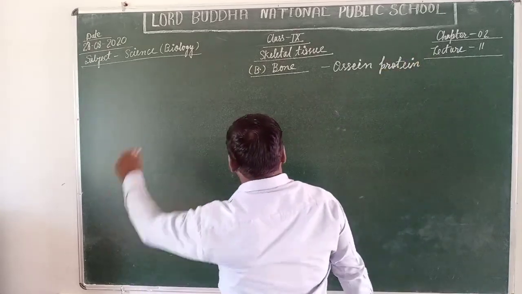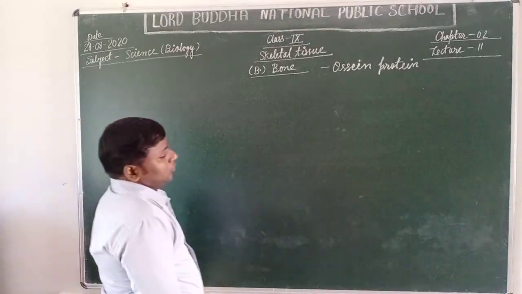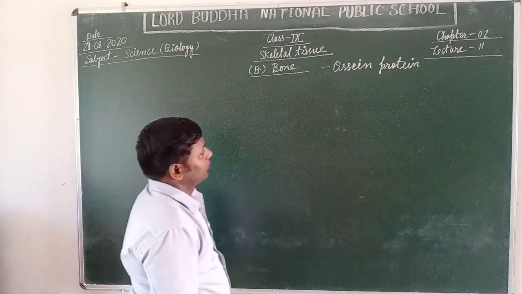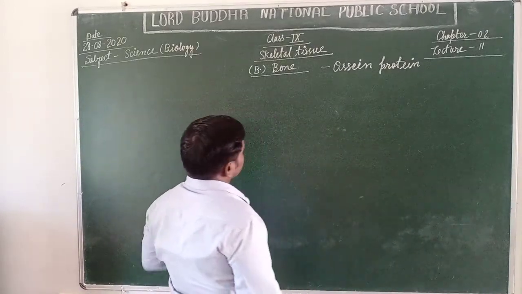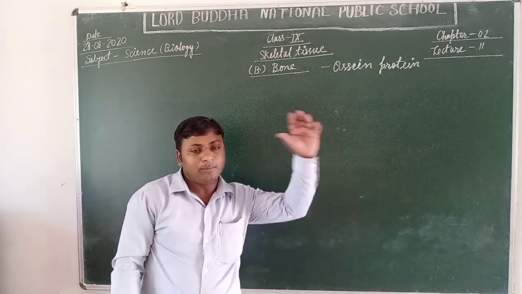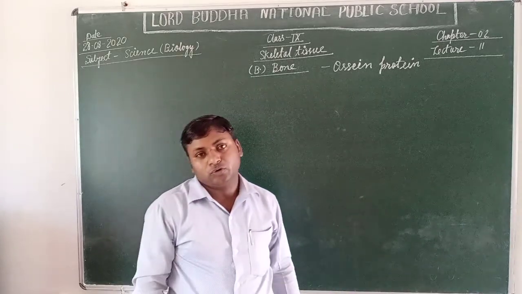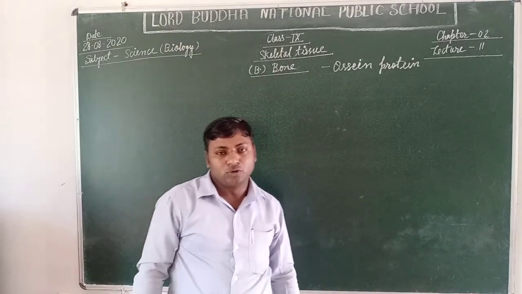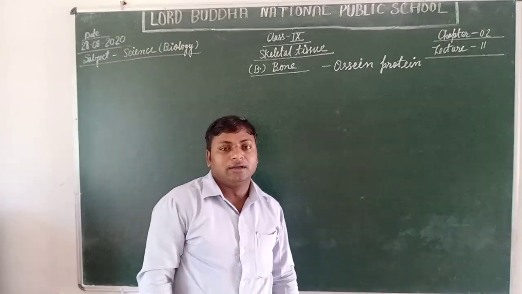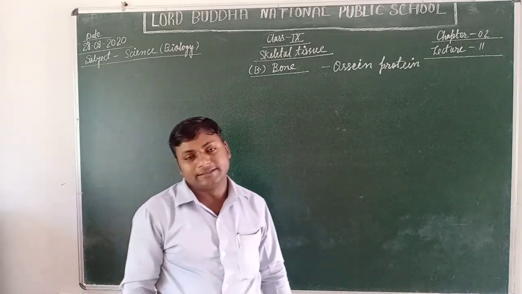The bones originate from the embryo, and if we want to know more about the bones, the upper part consists of 3 to 5 layers, that is called periosteum. Just below the periosteum, a single layer of outer osteoblast cells is present.